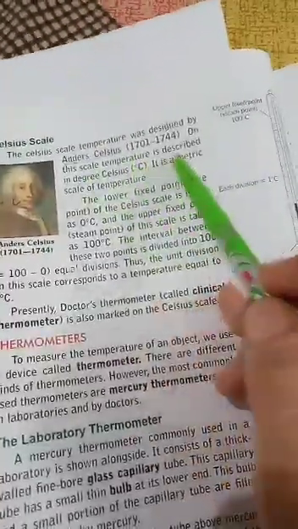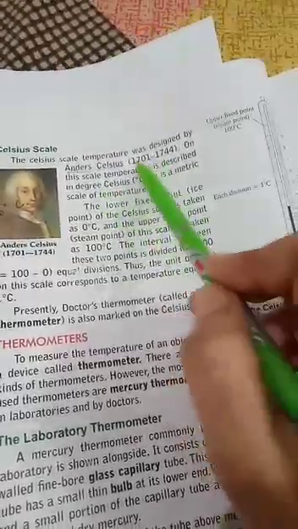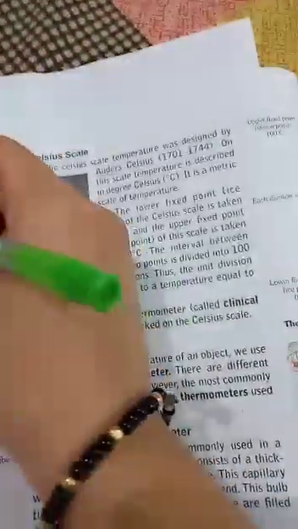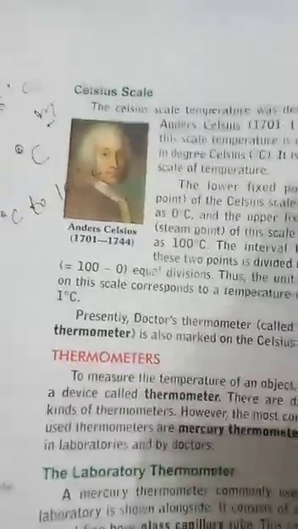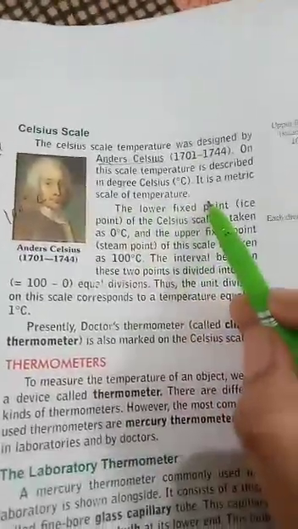On this scale, we write the temperature in degrees Celsius. This is the way we write it. It is the metric scale of temperature.